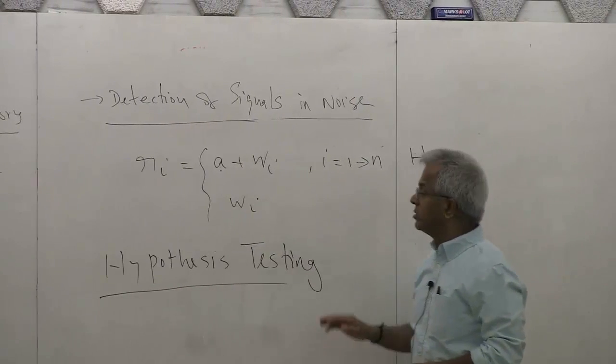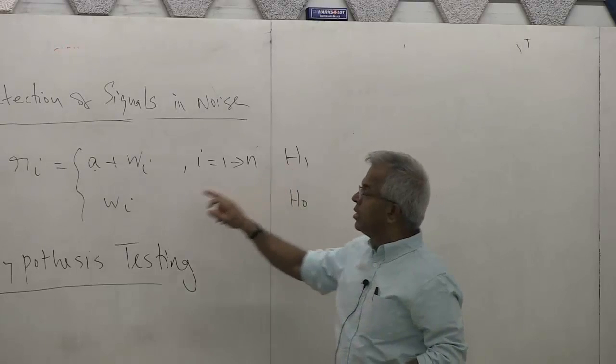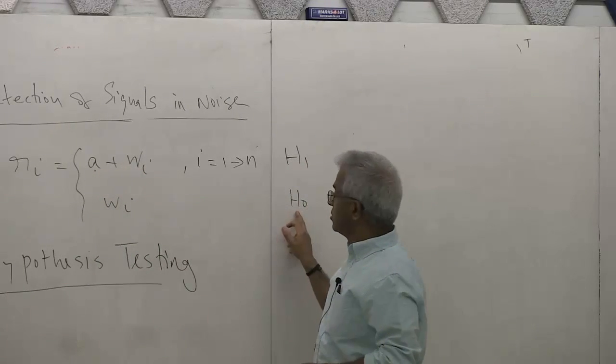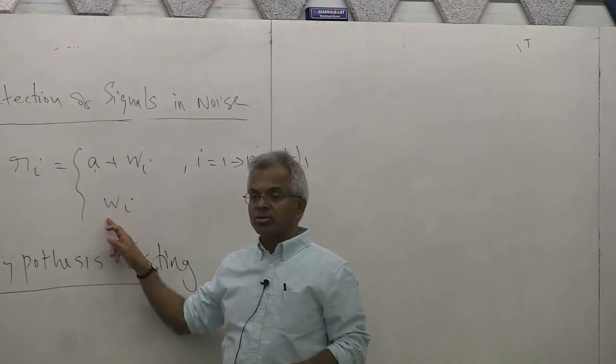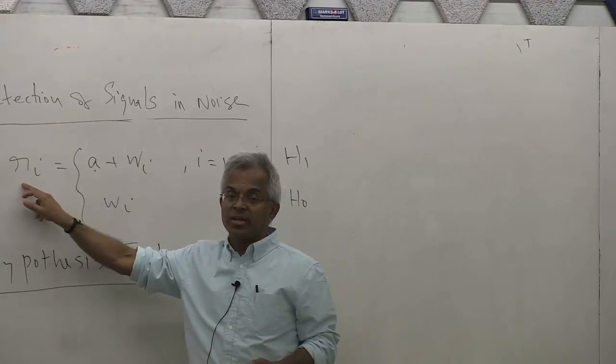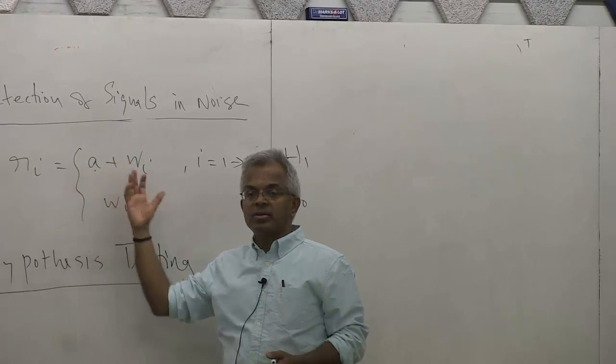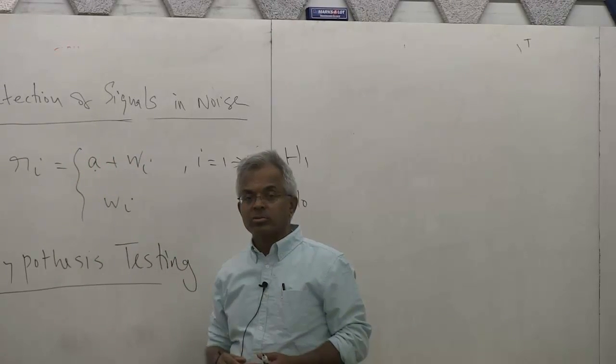Why is it hypothesis? Look at it: under hypothesis 1, a signal plus noise is present. Under hypothesis 0, you have just noise. Of course, all you have is the data. We need to use the data to figure out which one is true.